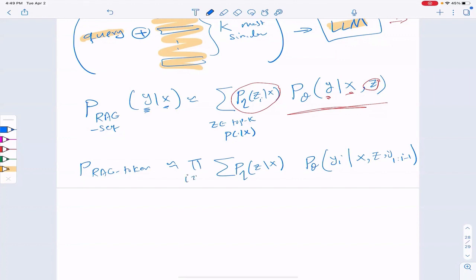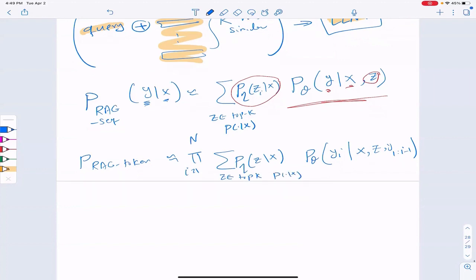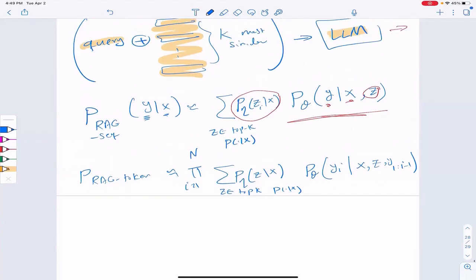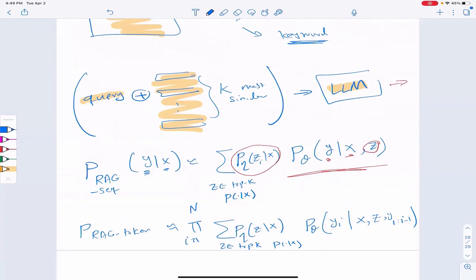And you do that for all tokens. And this Z again is the top K most relevant documents. That's it. You train your model based on this, then you don't really, in many cases, need to keep your model up to date. You can keep your documents up to date.